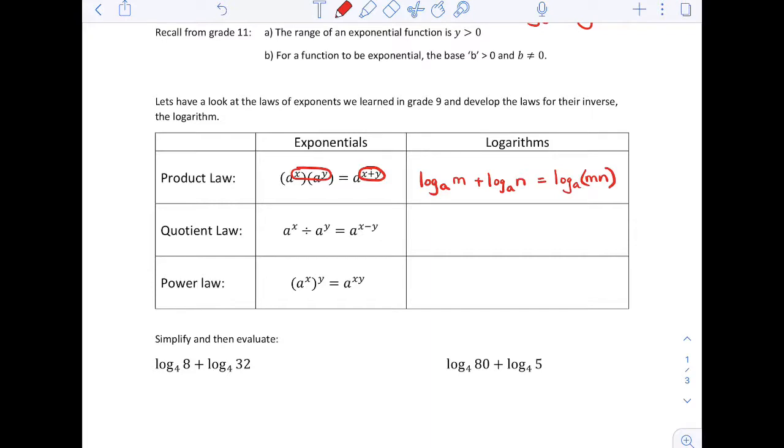That's the first rule, right? We're adding two logs, which results in a multiplication of the arguments.